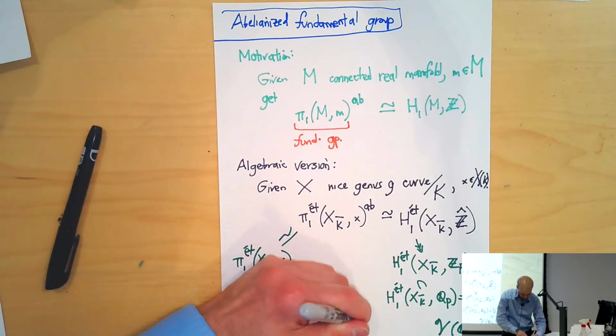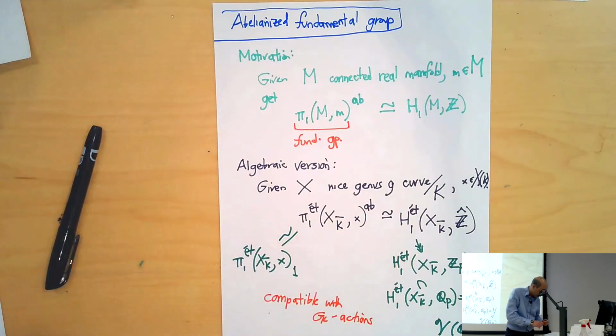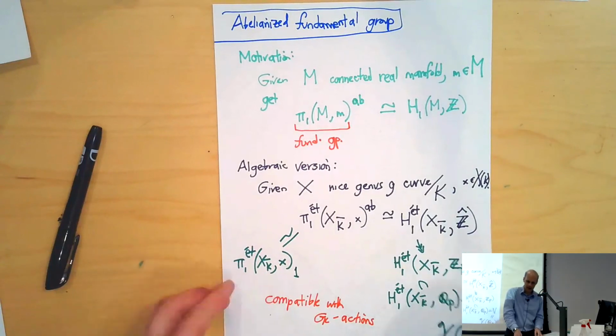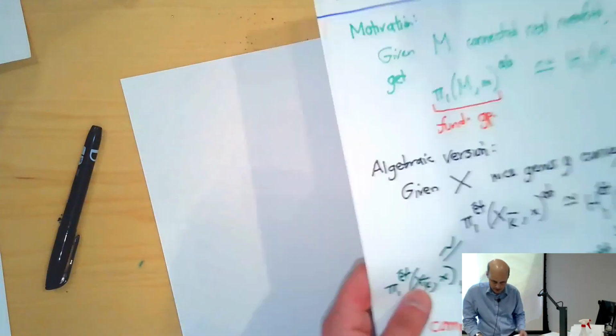All right, I think I have one more page left, and I want to explain what the generalization is to everything. Actually, maybe I should show you the page with the upshot. Yeah, here we go.